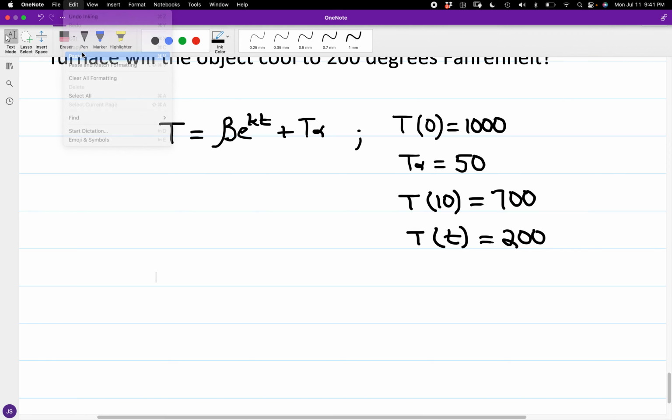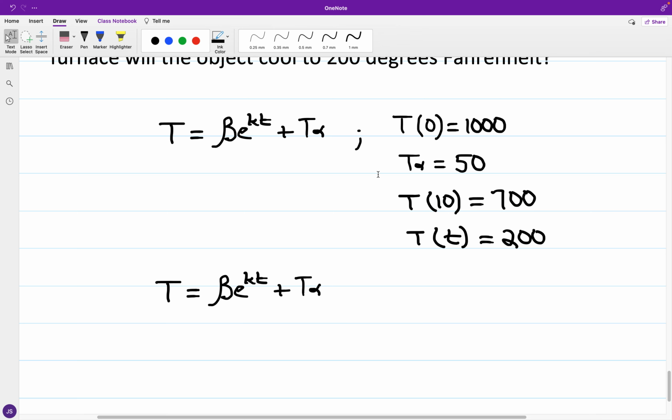Again, with our information, at time 0, you have the temperature at 1000 degrees. And applying substitution, you have the core temperature at 1000 degrees, equal to beta times e to the k times 0, and the ambient temperature at 50.